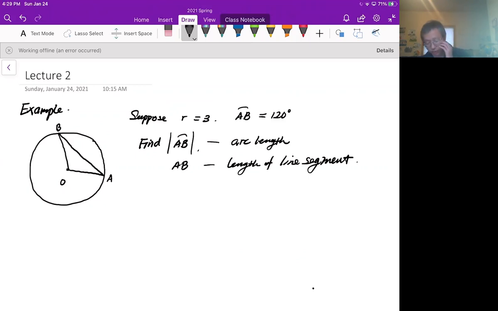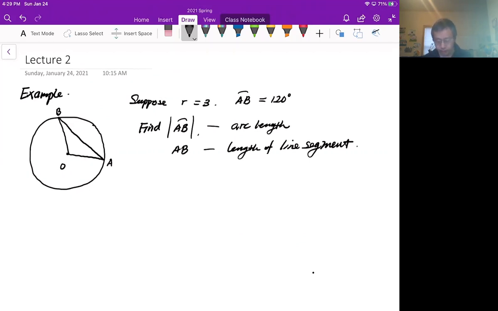Okay, so give everyone a minute. So first, 120 just means that this angle, the central angle, is 120.